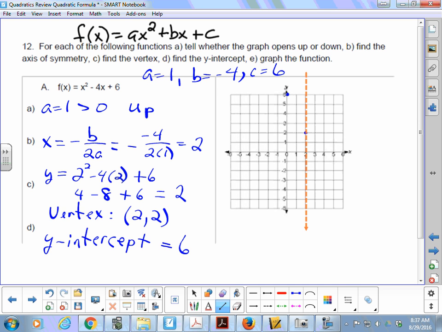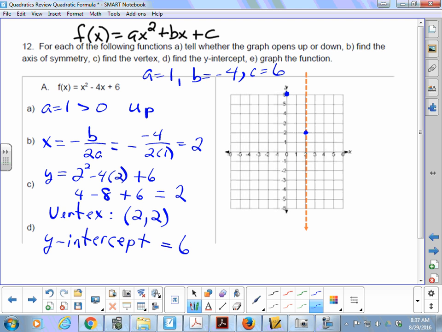Where's the next point I need to be able to graph this? If I've got my vertex here and my y-intercept here, where's that third point I need?